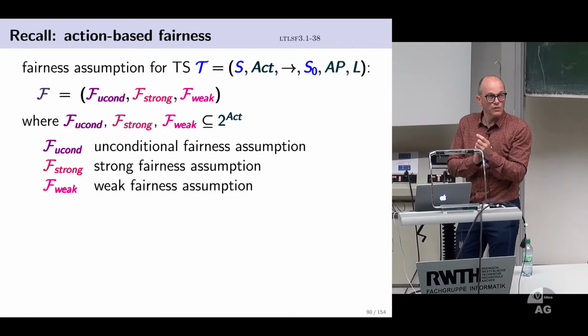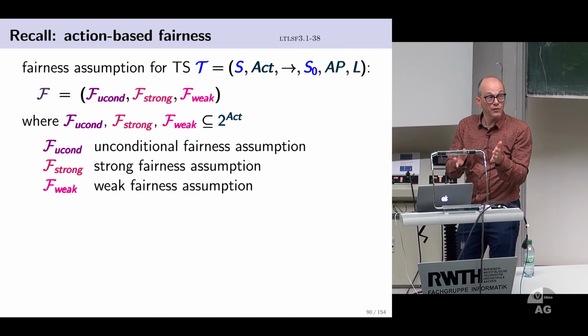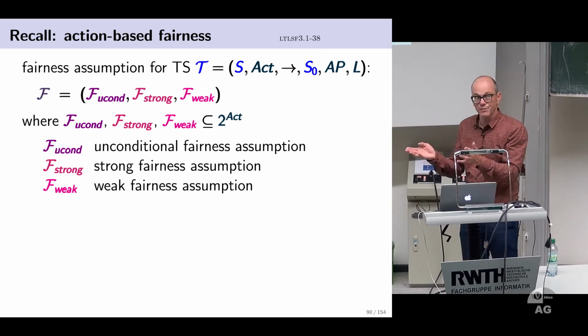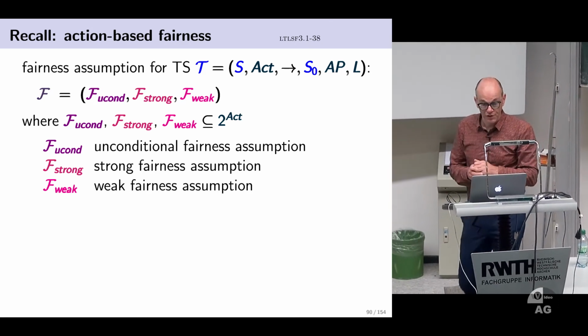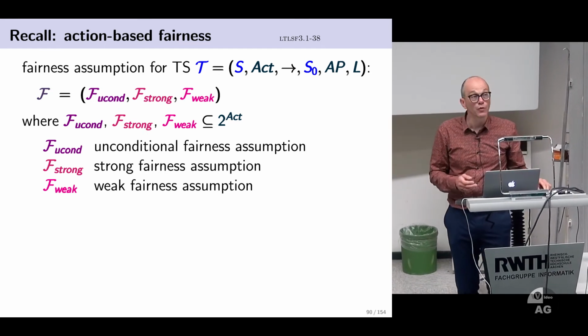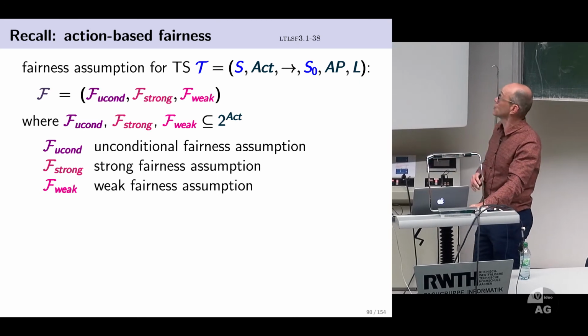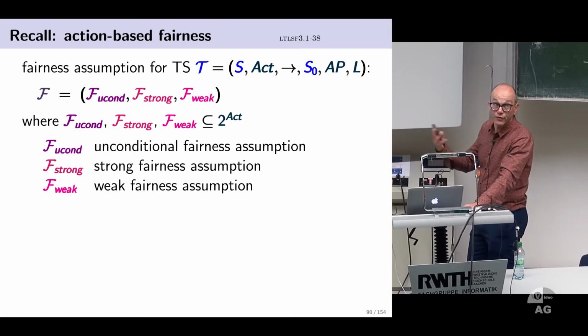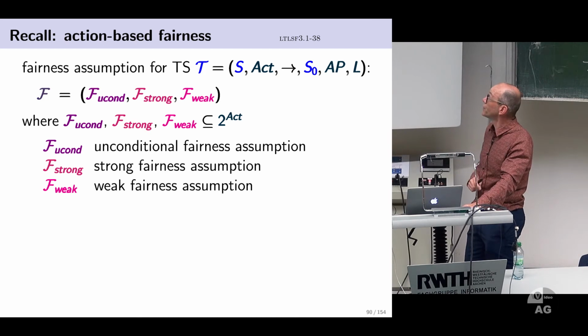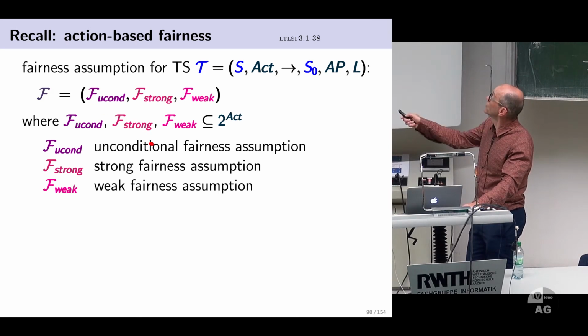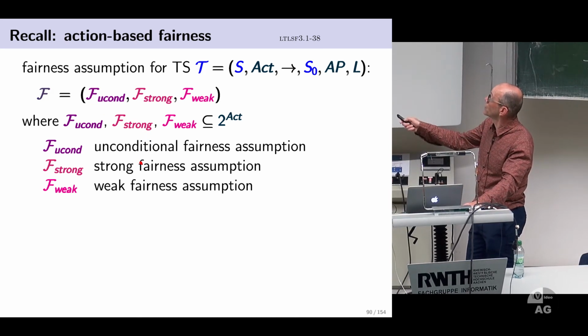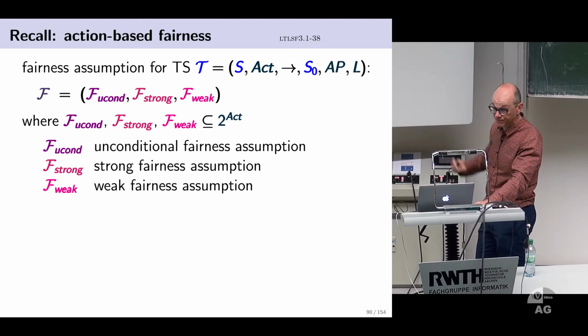Fairness was all about removing certain behaviors that, from some perspective or another, were not considered to be fair. We distinguished three different kinds of fairness assumptions, because there are different flavors of fairness: unconditional fairness assumptions, strong fairness assumptions, and weak fairness assumptions.